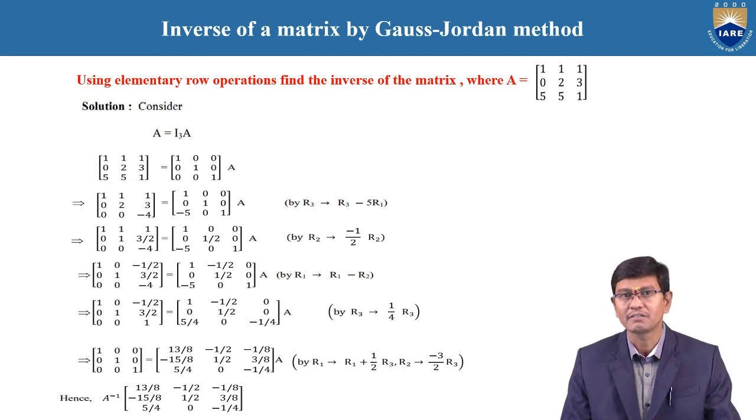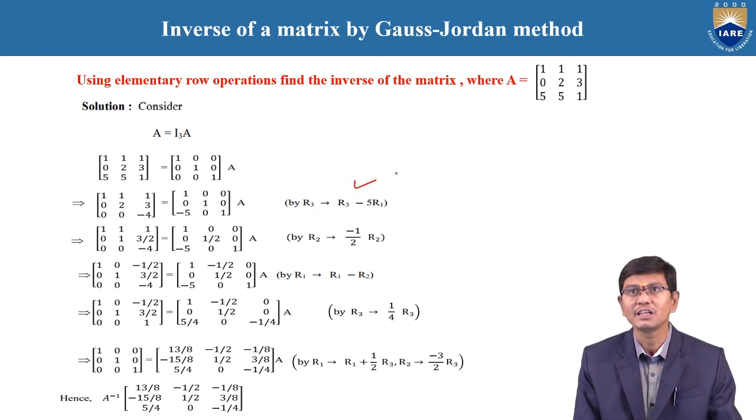According to this matrix, when we apply the first row, the 5 must be changed to 0. Therefore, with the help of R1, we apply R3 = R3 - 5R1. The first row and second row are not changed.